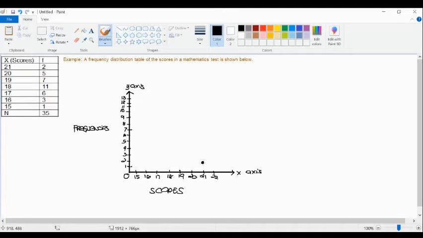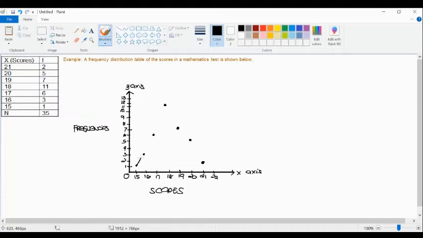So here, okay, and then 20 with a frequency of 5. So here, 19 with a frequency of 7, 18 with a frequency of 11. So here, 17 with a frequency of 6, and lastly, 16 with a frequency of 3 and 15 with a frequency of 1.